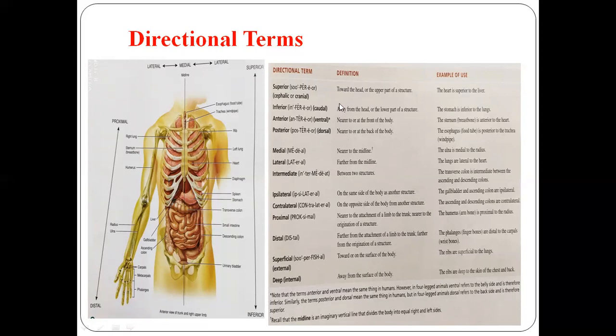And as we have seen in the superior, the heart is superior to the liver. So these are some examples, and these are some terms, the definitions and examples which have been given here.